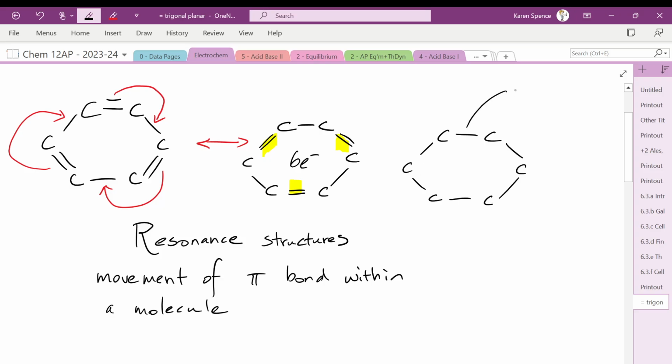So each sigma bond has 2 electrons, yes? And then we're taking these 6 electrons and spreading them out over the 6 bond areas.